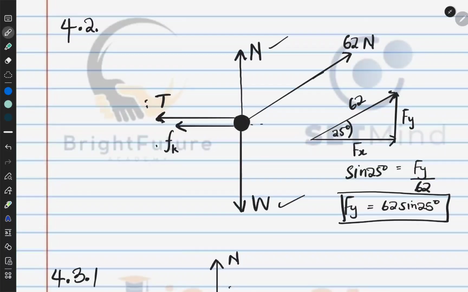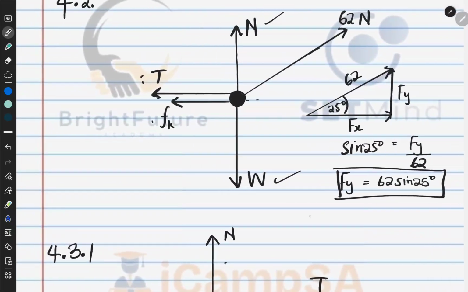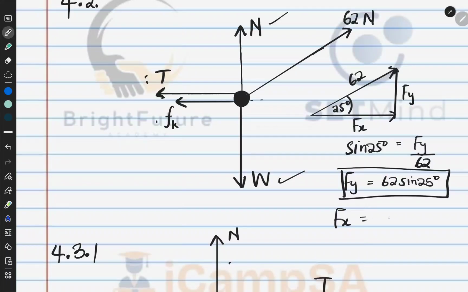And now we will have to include the horizontal component of this force as well, which is Fx, in this case 62 cos 25 degrees. Remember, if one is sine, the other is cos. If the one is cos, the other is sine. That's how it works, right?